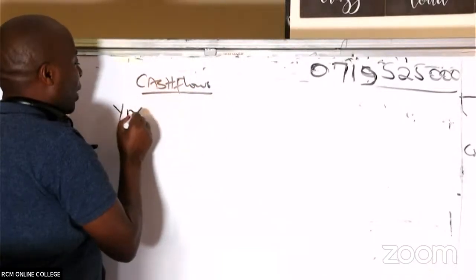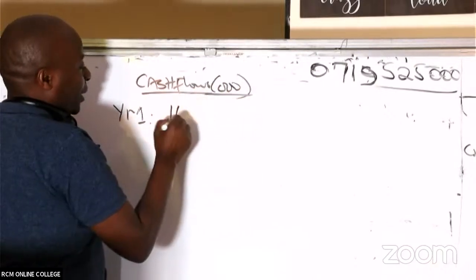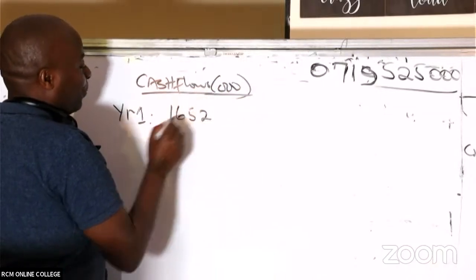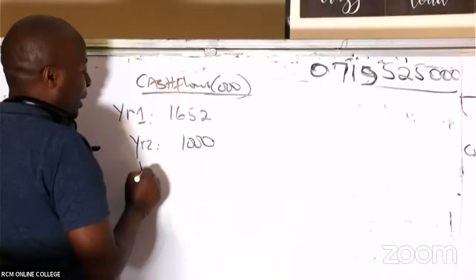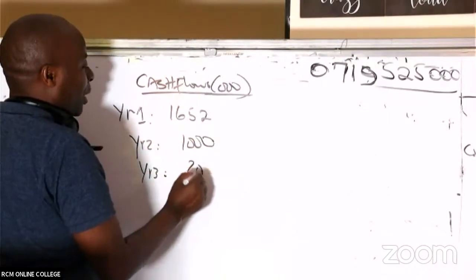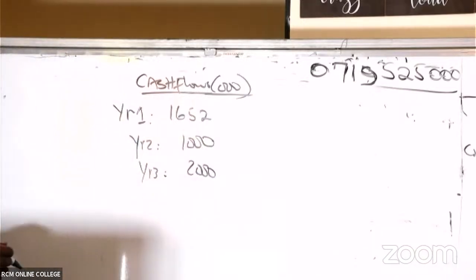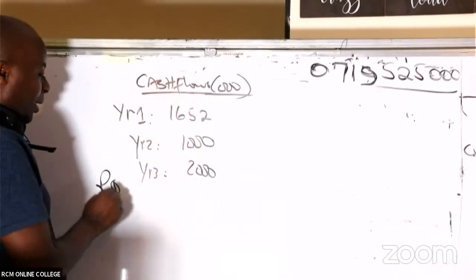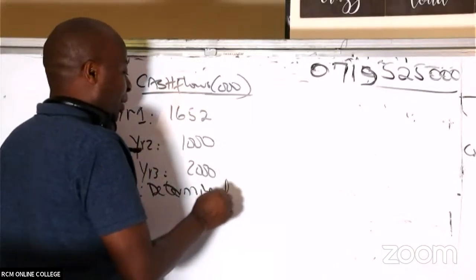So we have year one in thousands, Mr. Karuki gets 16,552. Year two, he gets 1,000. Year three, he gets 2,000. Different amounts, irregular amounts.